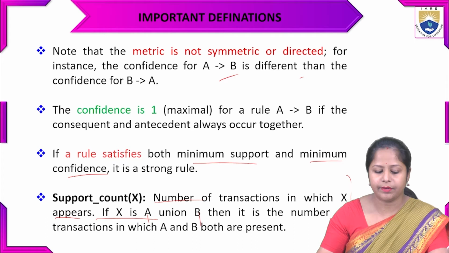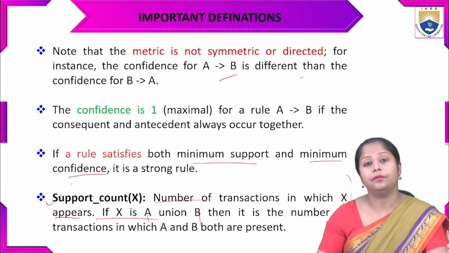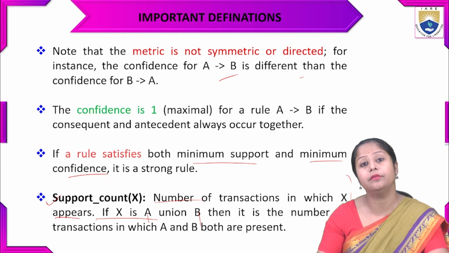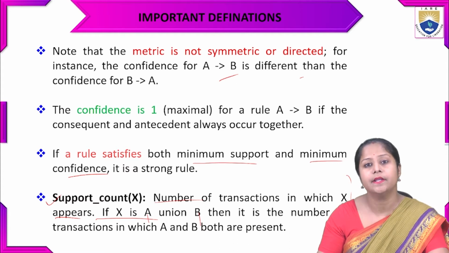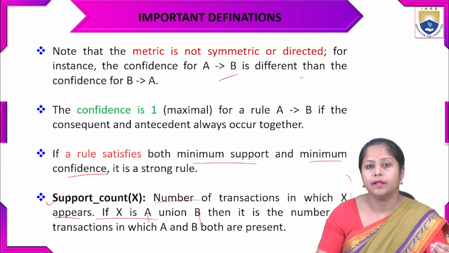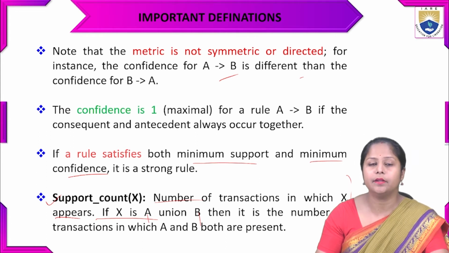So here we have used the term support count. The support count is nothing but the number of transactions that is occurring for any item set X. If X is A union B, suppose we are writing A union B, that tells both of the item sets' items are occurring together.